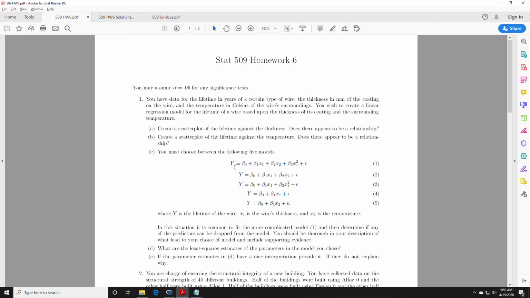It includes the response, and x1 is thickness, so it includes thickness, it includes temperature, and it includes squared thickness. If you recall from our first scatter plot, it looked like there could have been a little bit of a curve. So we're going to try to fit this model.